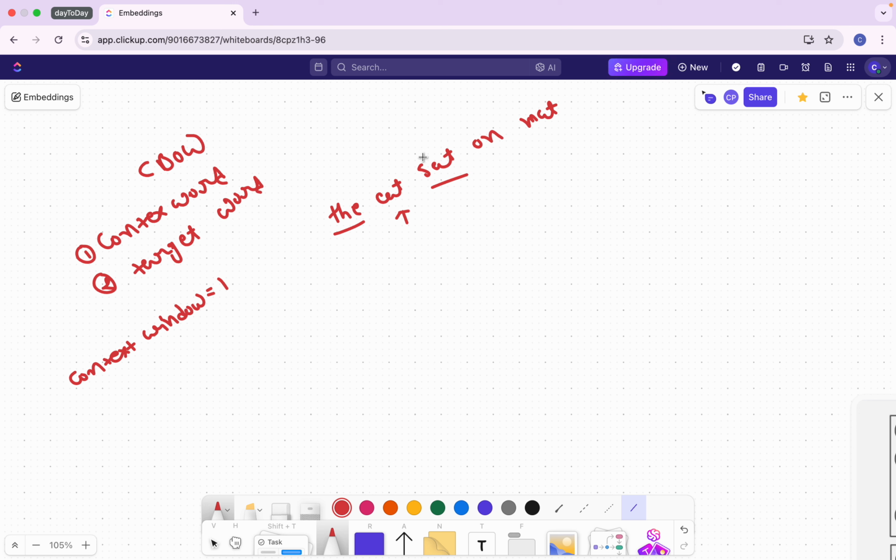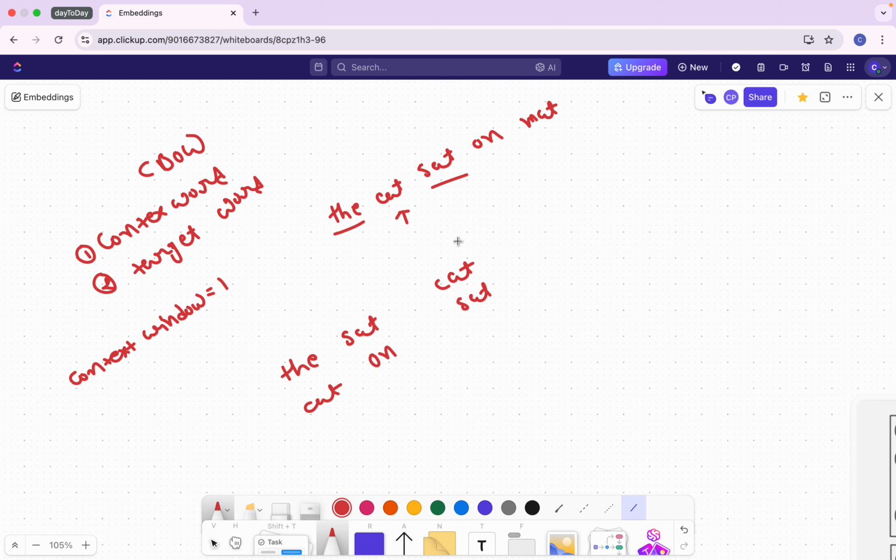These two words will be our context words, and for them, cat will be our target word. Same if we go toward sat: cat and on will be the context words, and sat will be our target word.